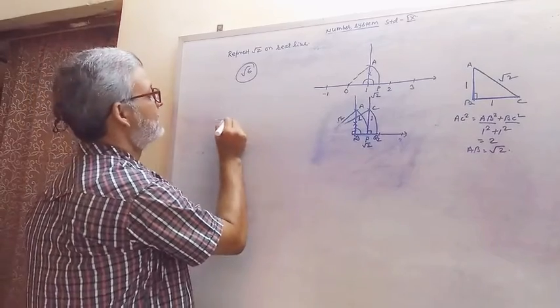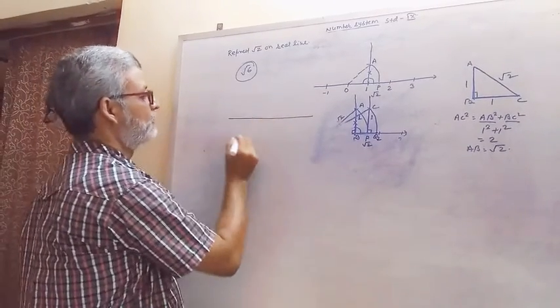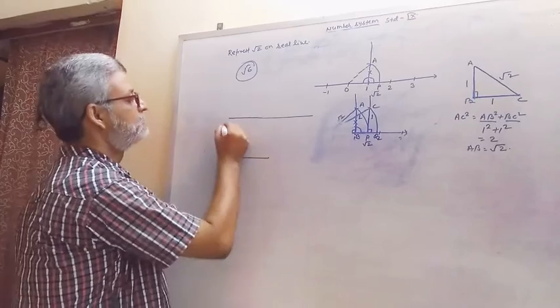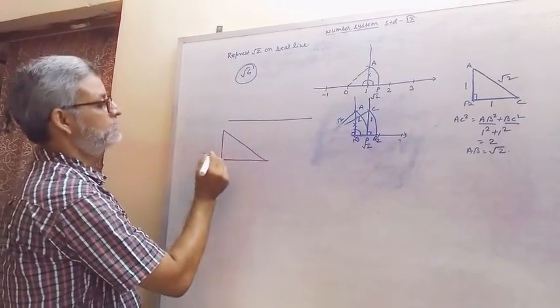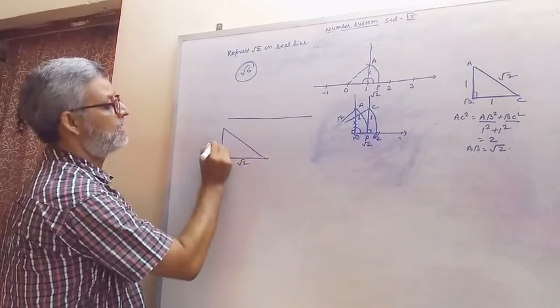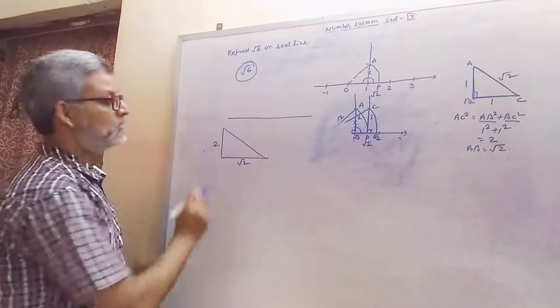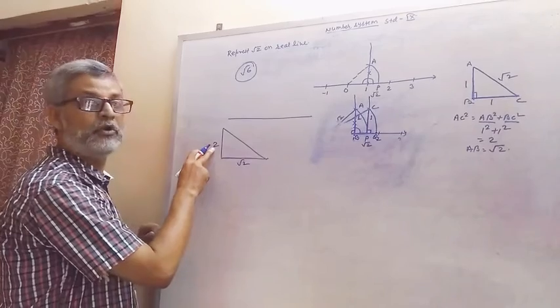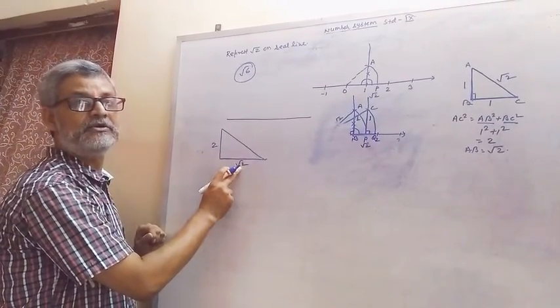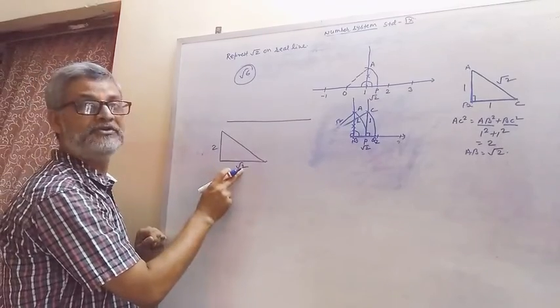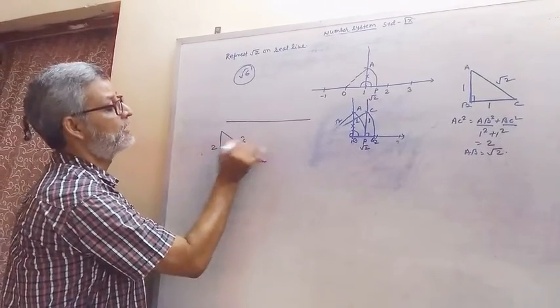Now you see, in this way. Root 2 and 2. 2 square is how much? 4. And root 2 square is how much? 2. So 4 plus 2, 6. So you get root 6.